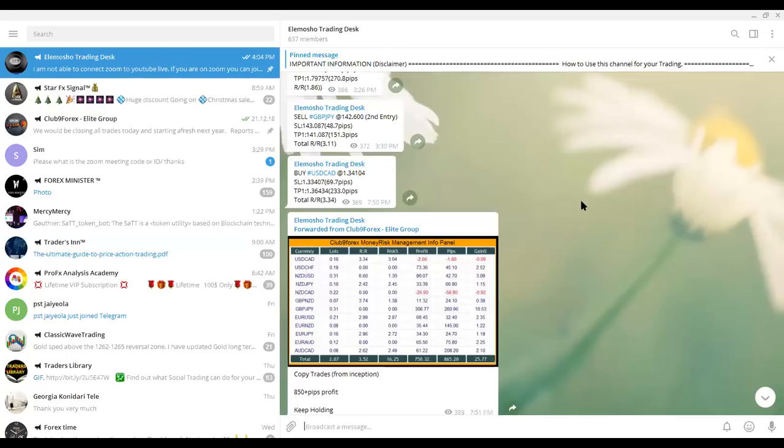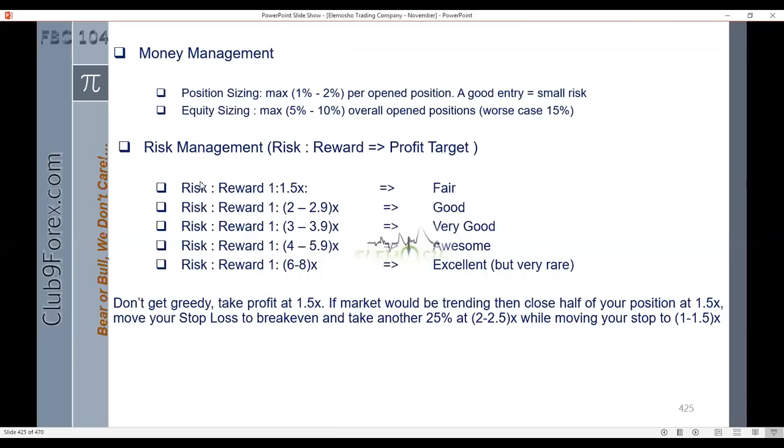Then it will also show you the statistics of your positions over a period of time: yesterday, today, last week, last month, and all that. So that just summarizes all the information I have for you guys.